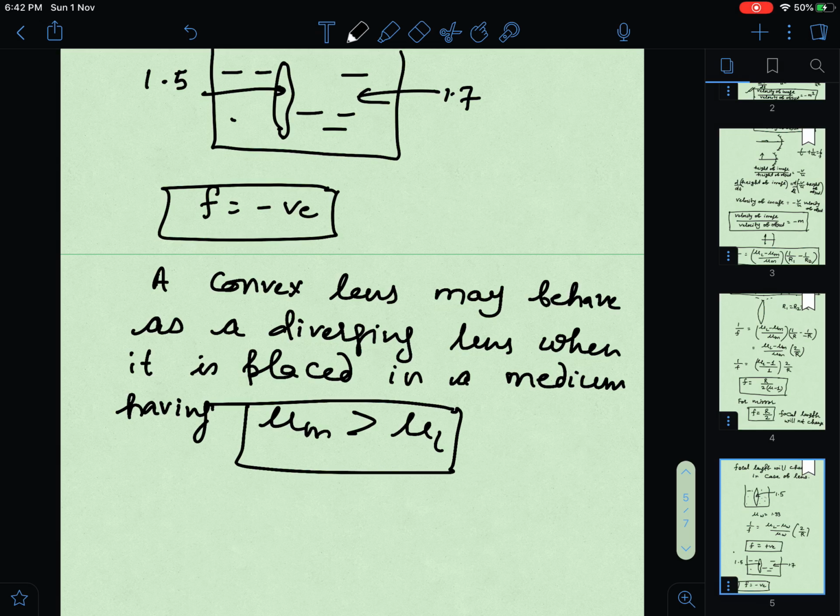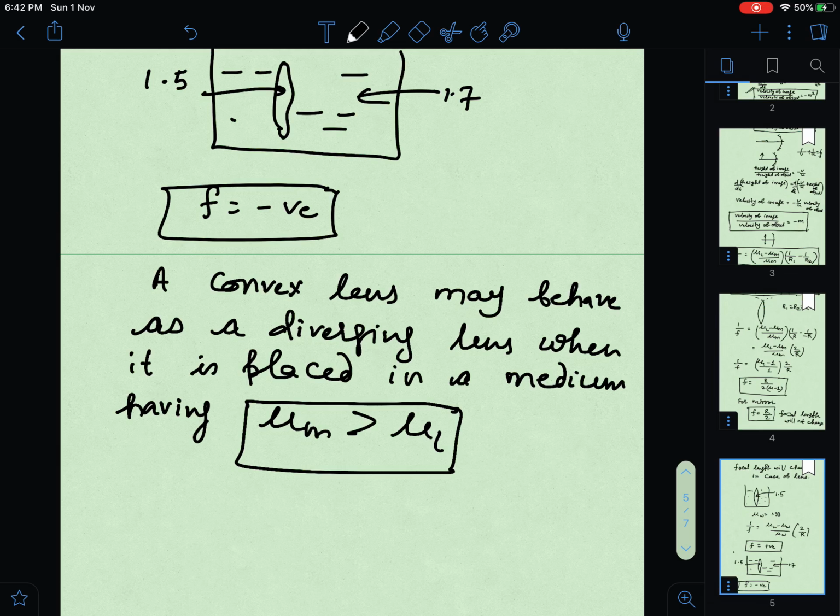And this is a question of JEE also. When the refractive index of the medium is more, it will behave opposite to its nature, meaning convex behaves as diverging and concave behaves as converging.